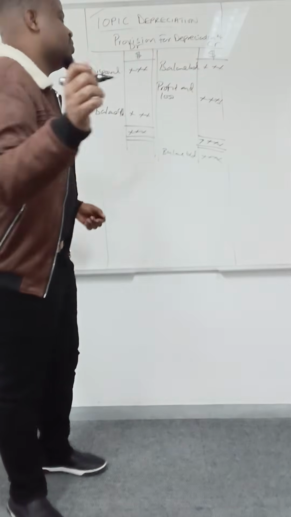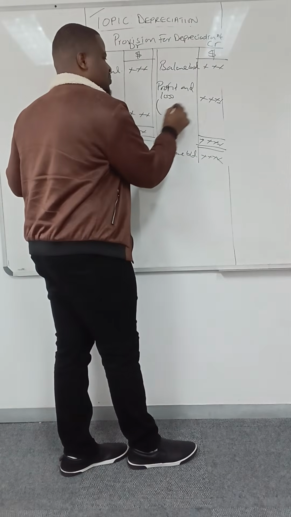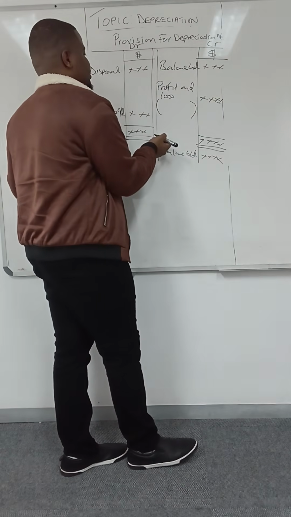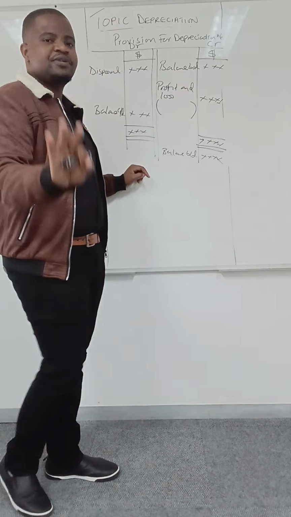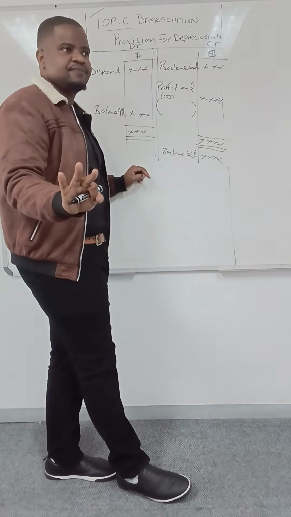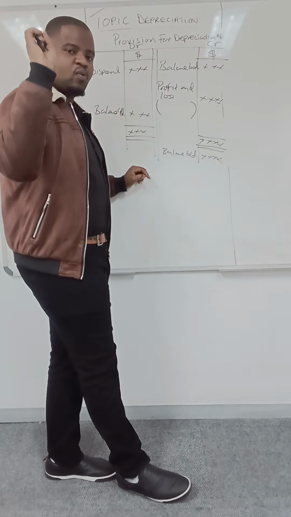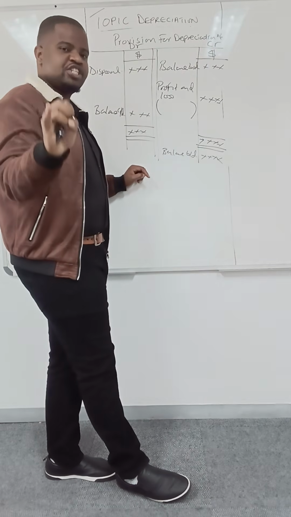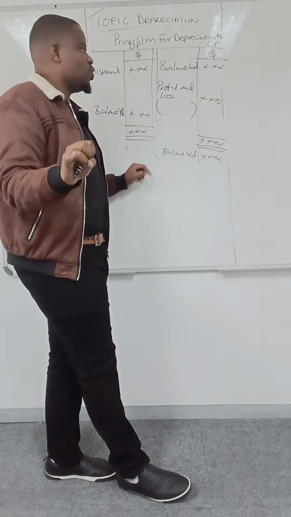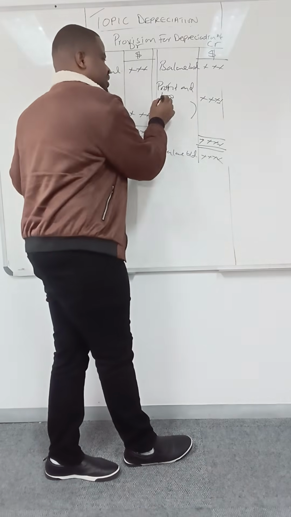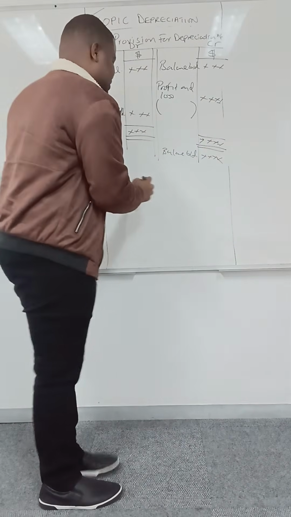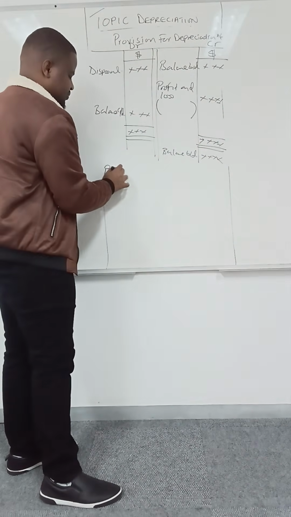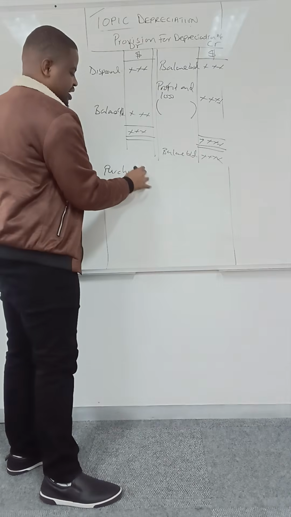Right. So, for profit and loss here you need to open a bracket. This profit and loss is made up of depreciation for 3 assets. Number 1, purchased assets. So you need to indicate that, and calculate the depreciation on the purchased assets.